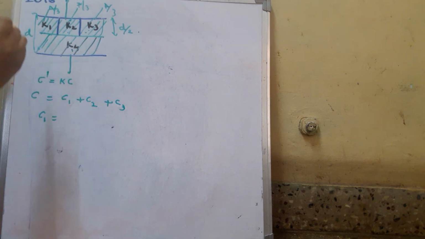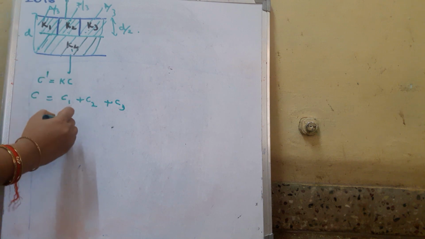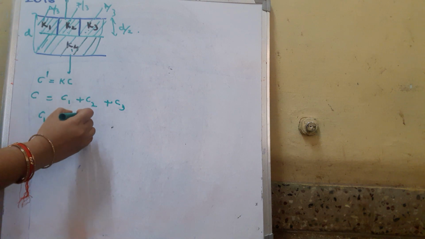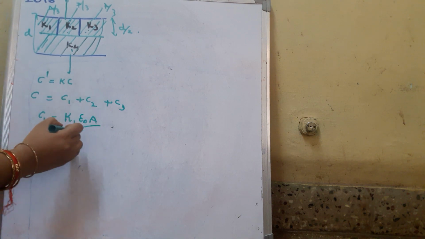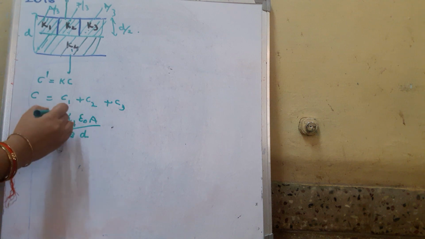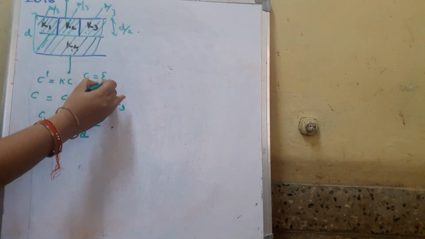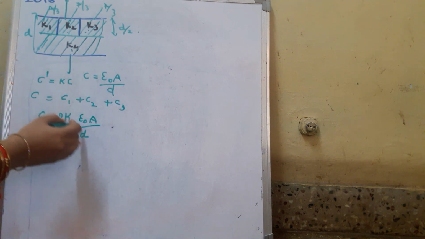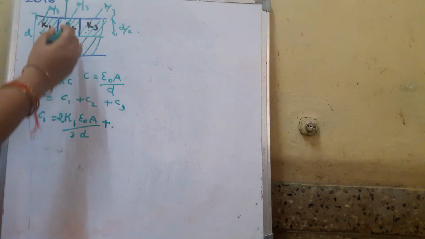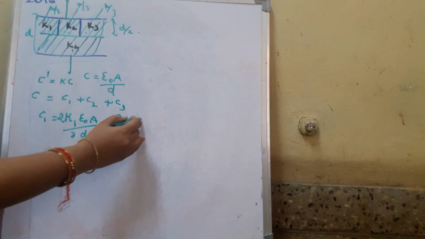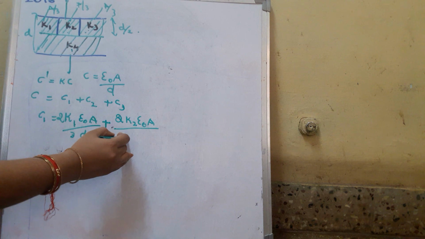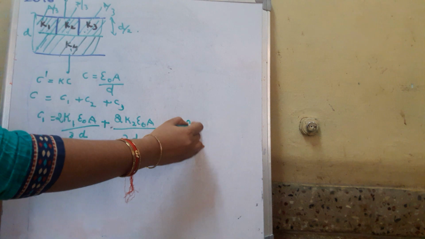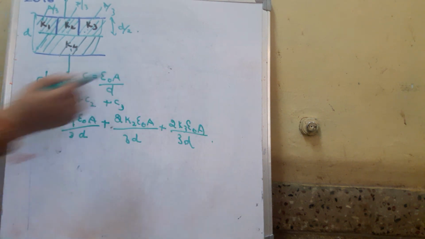Can I say that? C1 is K1 times epsilon naught a/3 over d/2, because for a parallel plate capacitor we have studied the capacitance is epsilon naught a/d. So a becomes a/3 and d becomes d/2. Plus for this we get 2 times K2 epsilon naught a/3 times d, plus 2 times K3 epsilon naught a/3 times d.